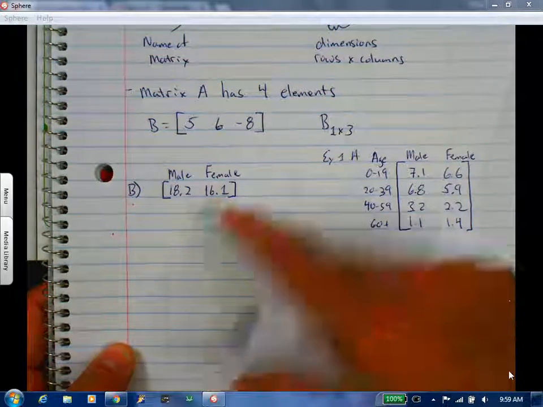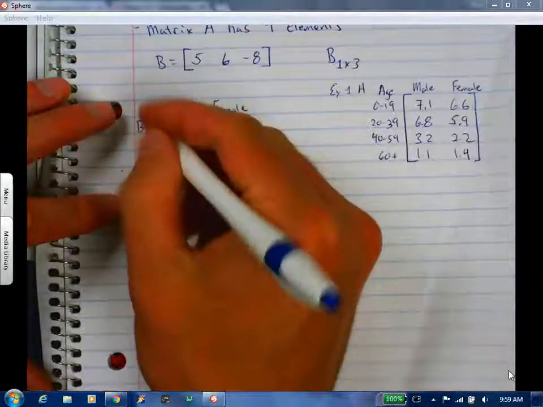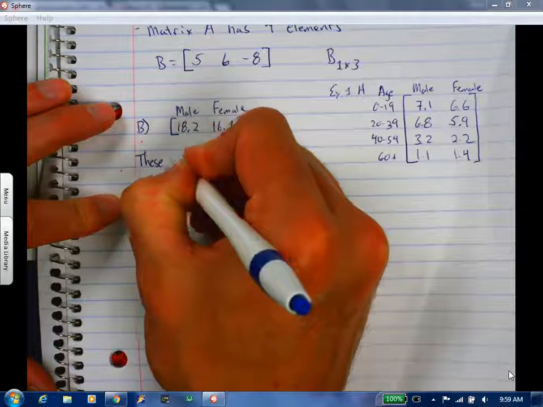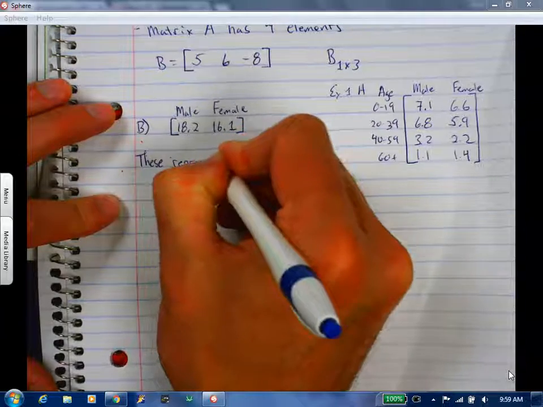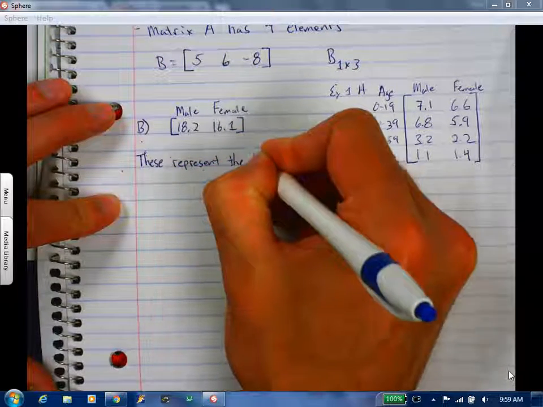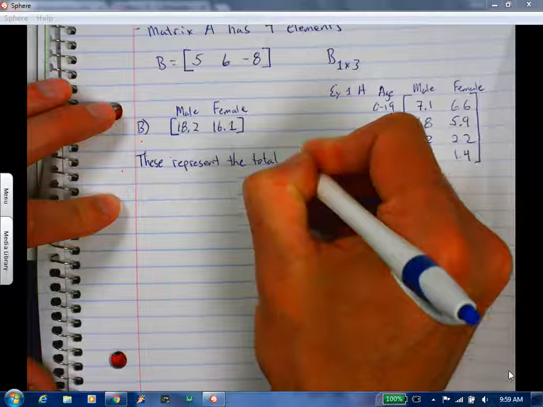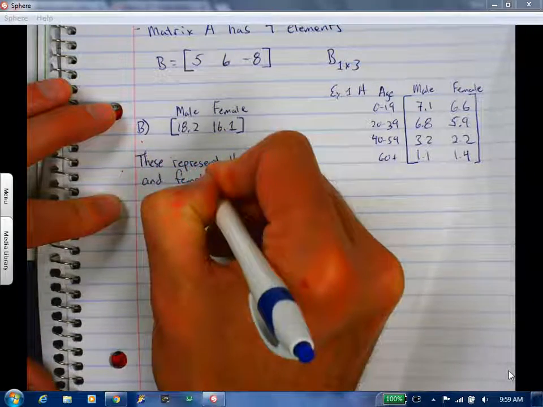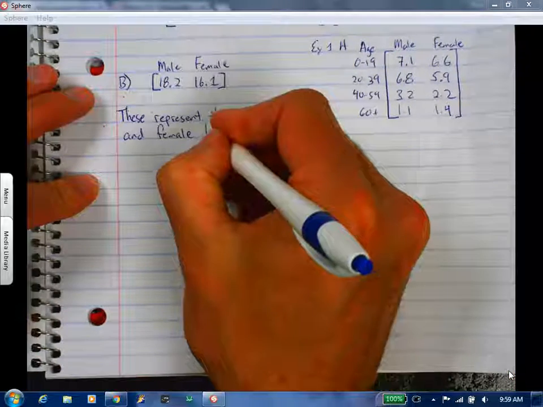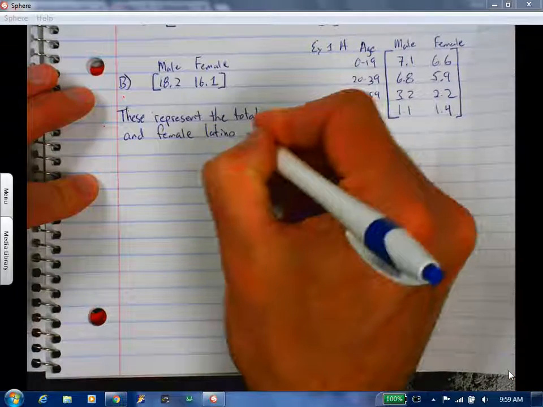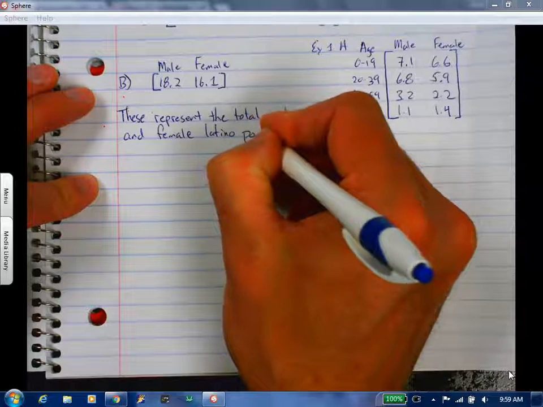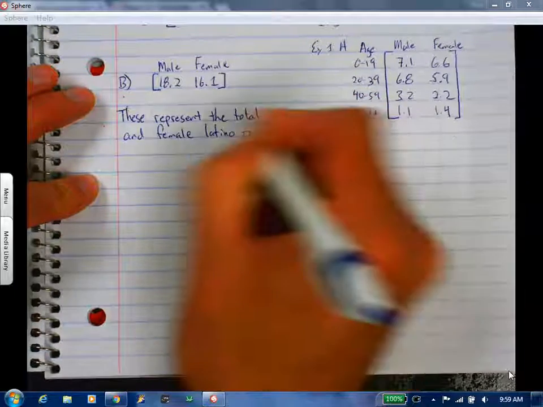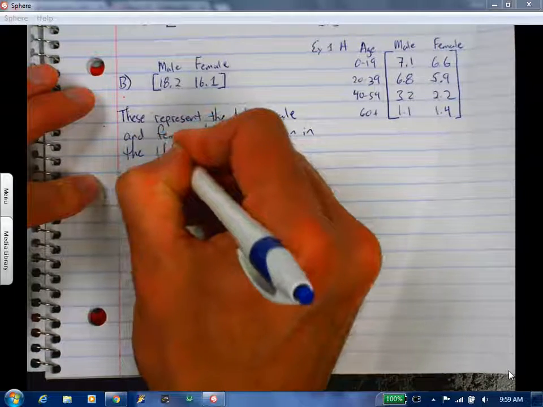So the interpretation would be these represent the total male and female Latino population in the U.S. in millions.